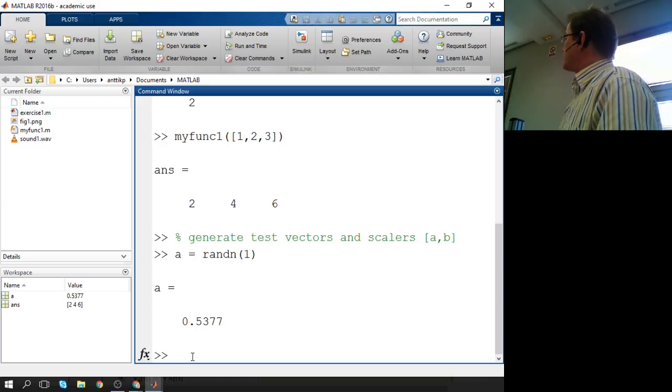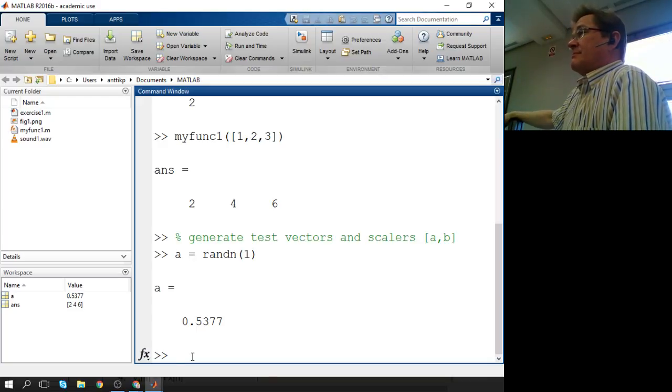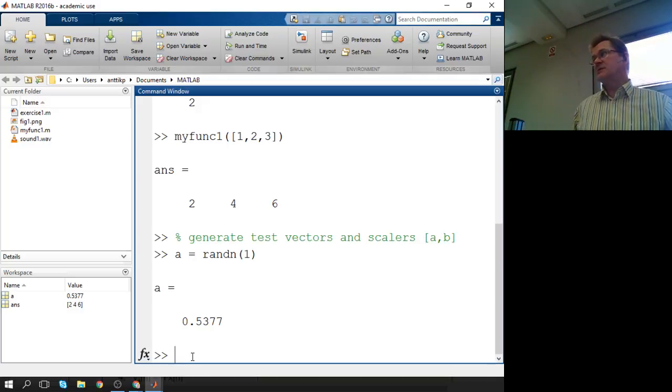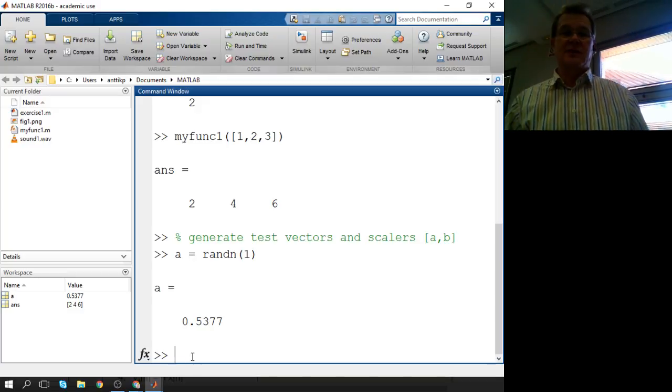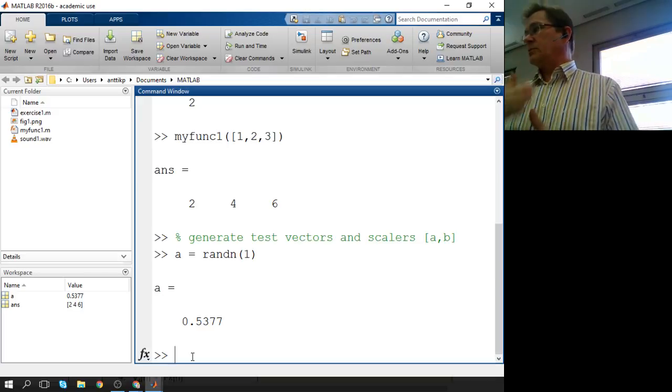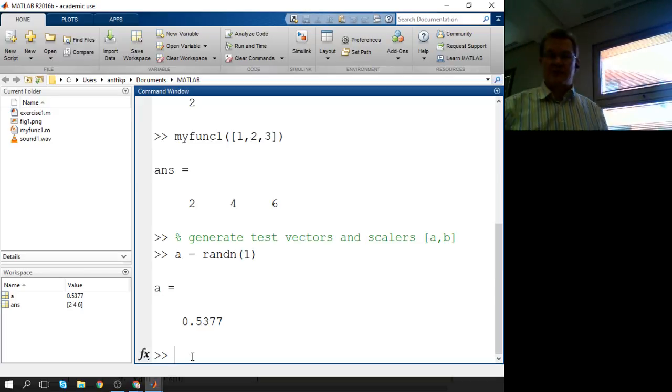You will probably get exactly the same number. That's because the MATLAB random number generator starts with the seed number of 0 every time you start it. You can randomize that also, but anyways, when you start the random number generator, it always starts from the same seed number. That's why you would get exactly the same random numbers.